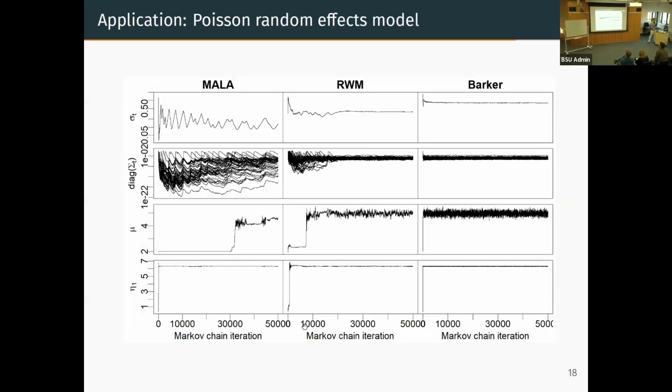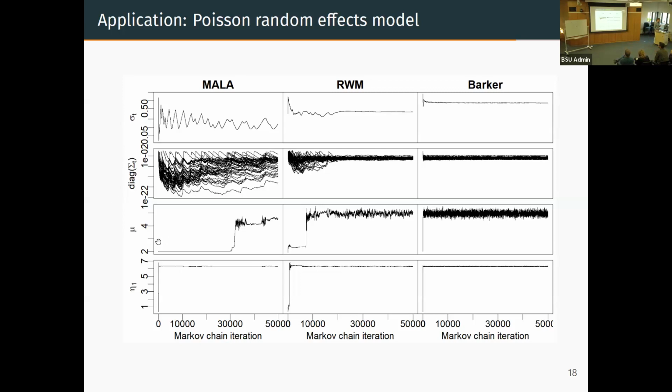Okay, so some numerical experiments. This is a Poisson random effects model, and there's a few graphs here. We're running MALA, random walk Metropolis, and this Barker algorithm. The top 2 rows are the adaptive MCMC parameters. I've got the global scale on the top row, and then on the second row the diagonals of my preconditioning matrix that's determining the shape, the relative scale of each component.